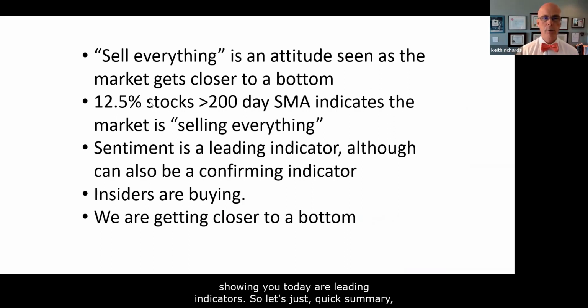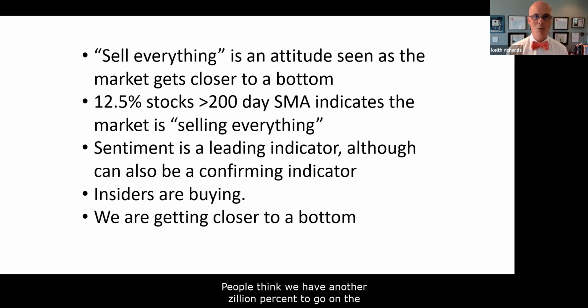So let's just do a quick summary. Sell everything is an attitude usually seen as the market gets closer to the bottom, not the midpoint. Okay, people think we have another zillion percent to go on the S&P 500.